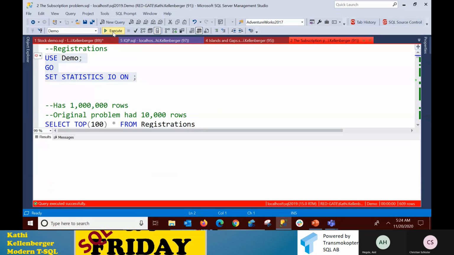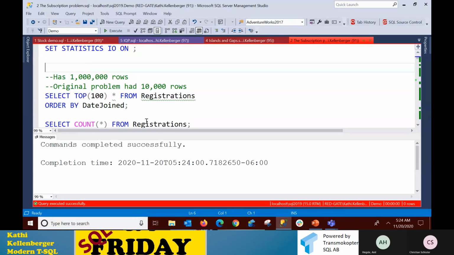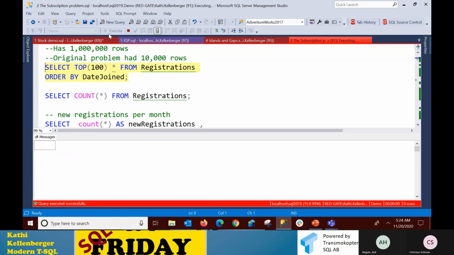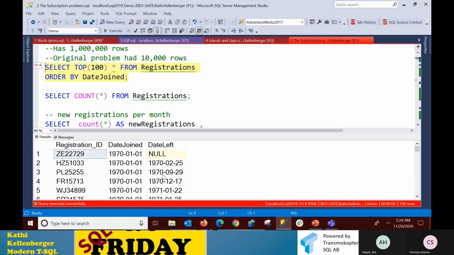And I've generated 1 million rows. The original data had 10,000 rows. Just by looking at this, I remember that somehow a data set got lost. No one's complained, but I noticed the original article had the data set got lost. I might need to go out and fix that. But this is what the data looks like.